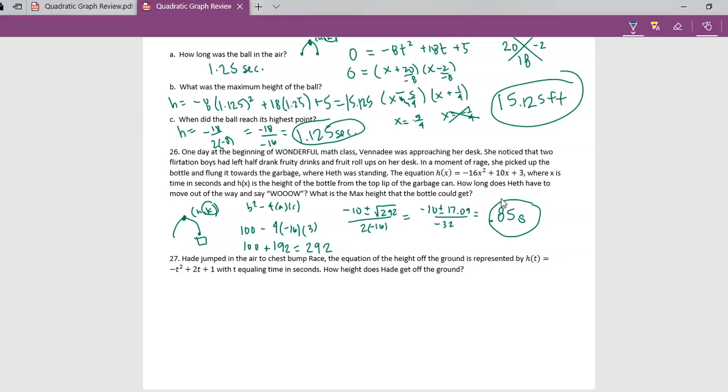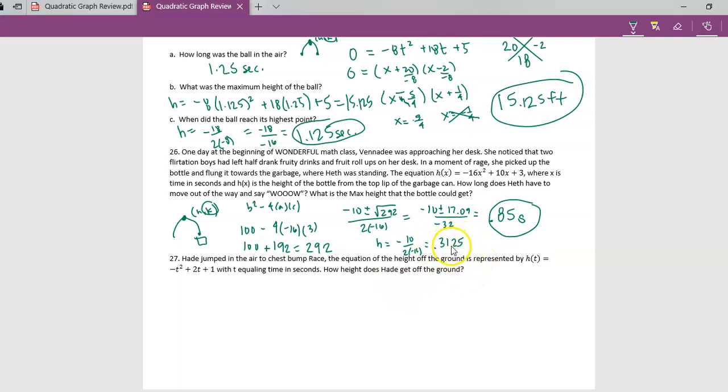And then we want the max height, which is again the k value. So first find h. h equals negative b over 2a. So negative 10 divided by negative 32 is 0.3125.